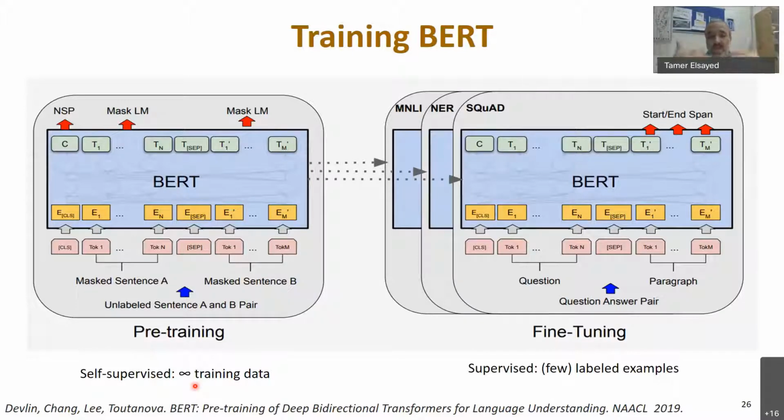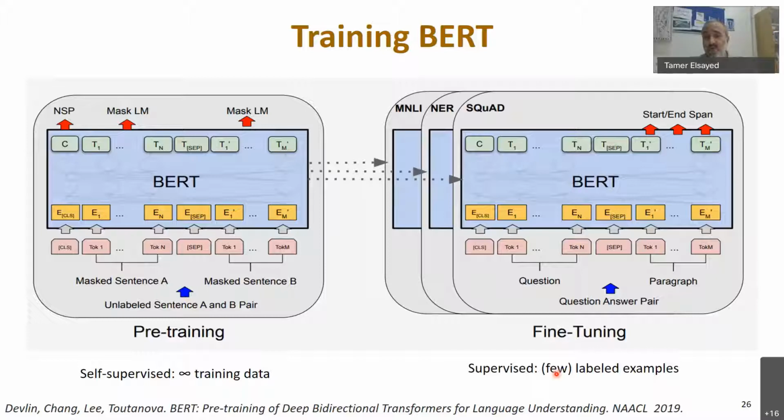We can keep pre-training it if we have more data. Here we have some labeled examples. Usually there are few, of course, relative to the size of the training data here. This is always few, like hundreds or thousands, sometimes tens of examples, just to fine-tune the model for that task.